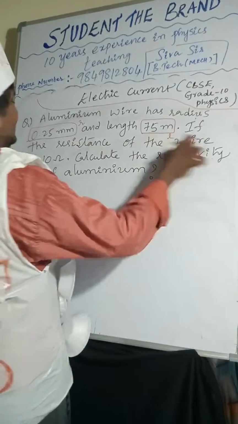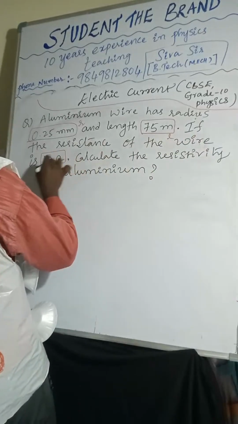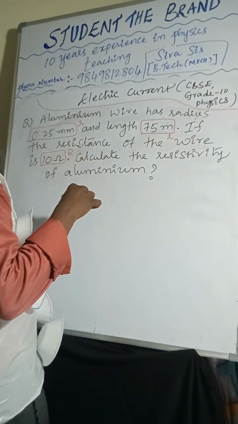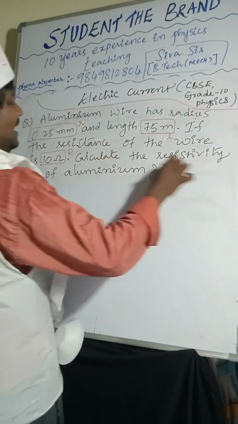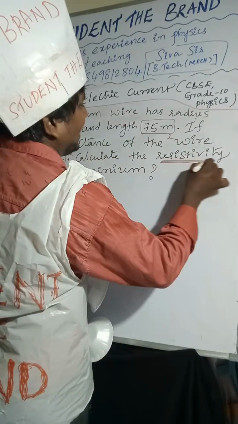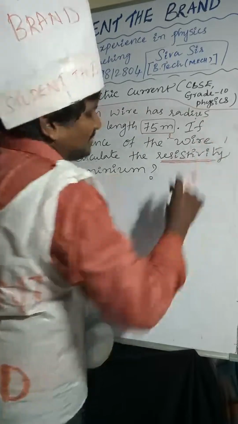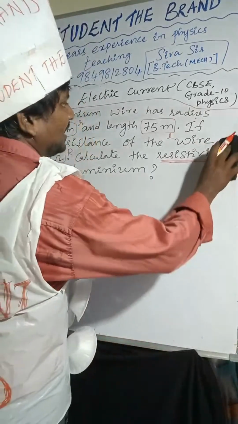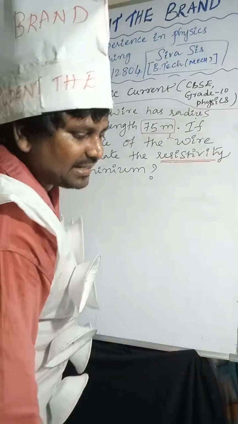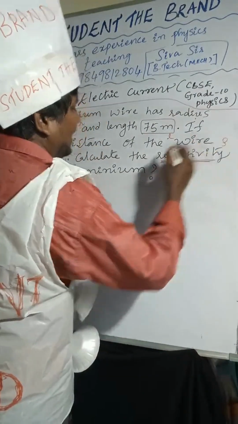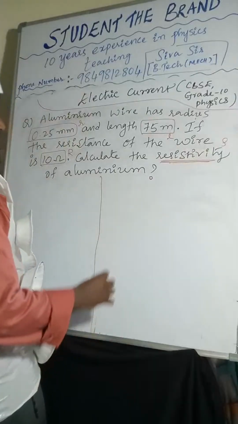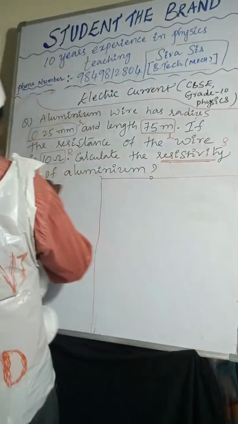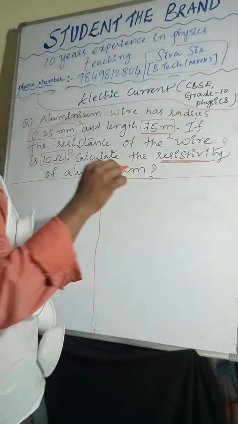The resistance of the wire, R value, is 10 ohm. We must calculate the resistivity. What is resistivity? Everybody focus on the question.